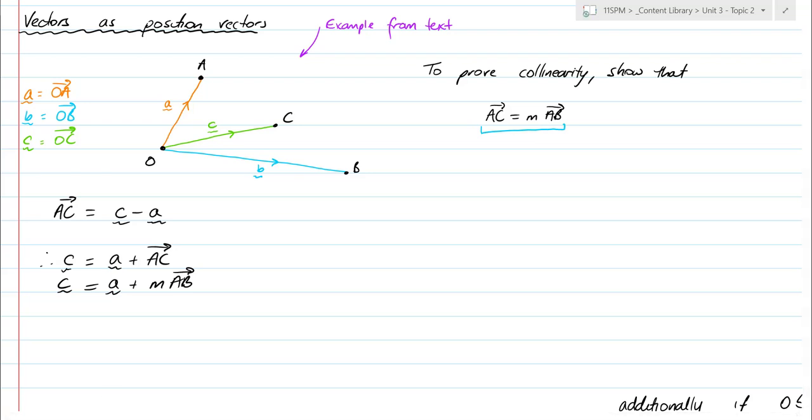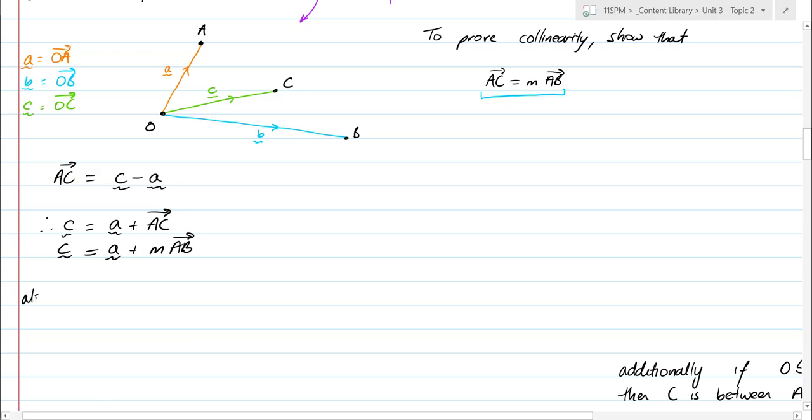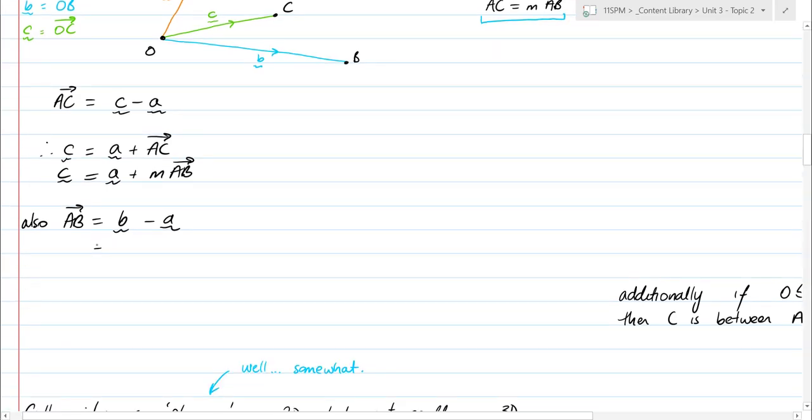Additionally, AB is equal to B minus A. You can see that: to get from A to B, I get negative A and positive B. And therefore, C is equal to A plus M times (B minus A).